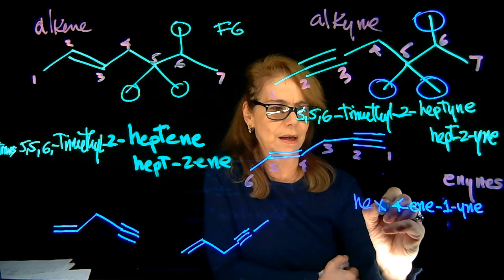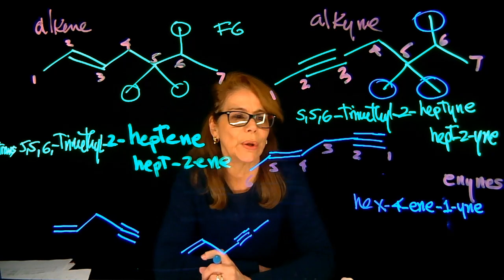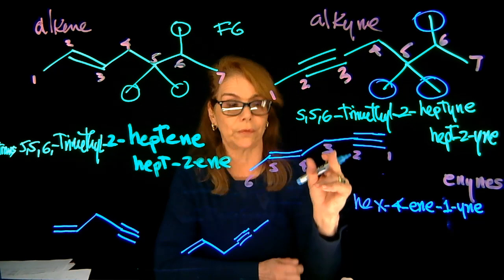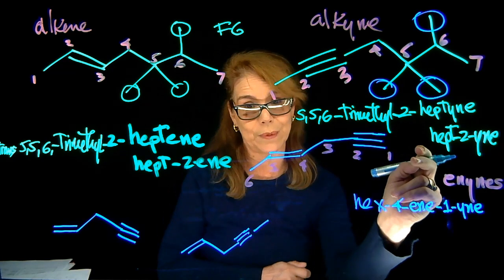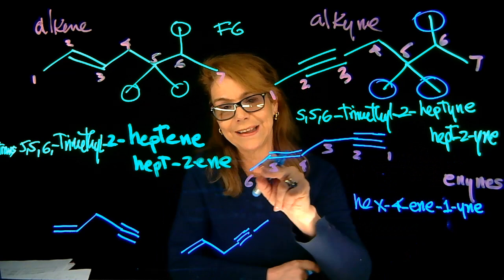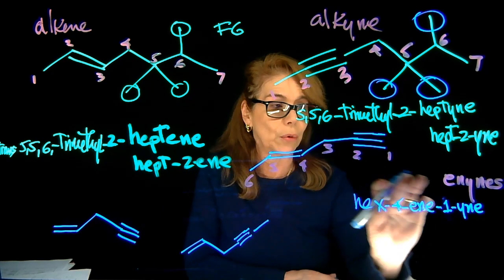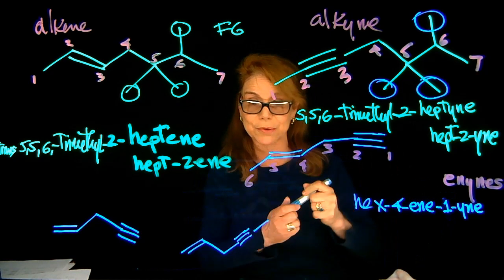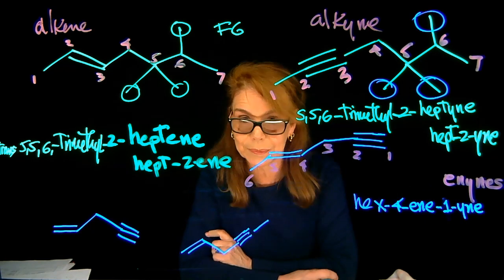So hex-4-en-1-yne. That's a prefix. So again, you notice the first point of difference. The alkyne was terminal, this is not. So we're starting from that point. This is first. And the alkene was not terminal. So the name is always going to be an enyne, but I need to specify where the triple bond is and where the double bond is.